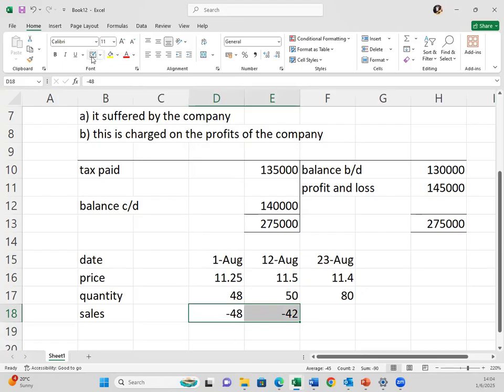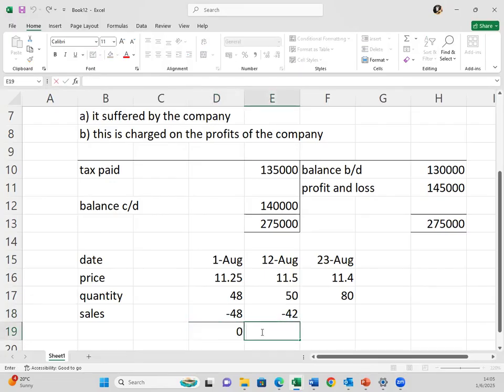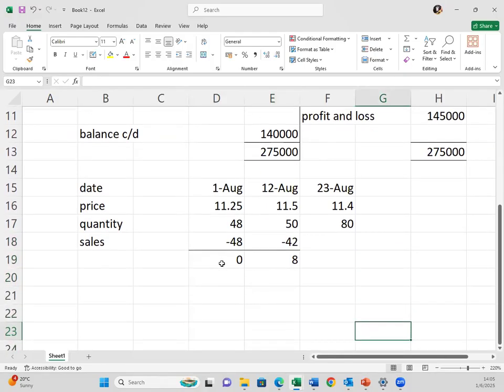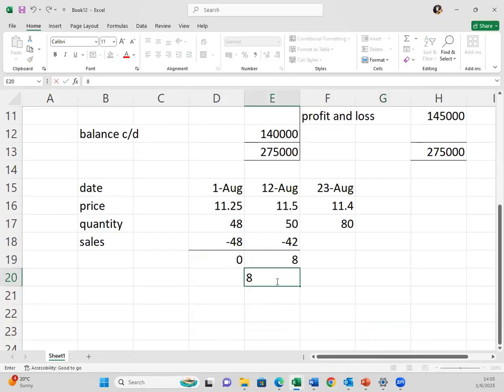So this means that for this batch, we no longer have any units. Then for this particular batch, we are remaining with 8 units. So the value of our inventory then becomes 8 units valued each at 1150, so that's 8 times 1150.